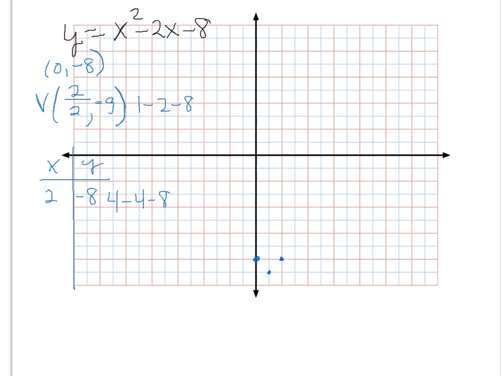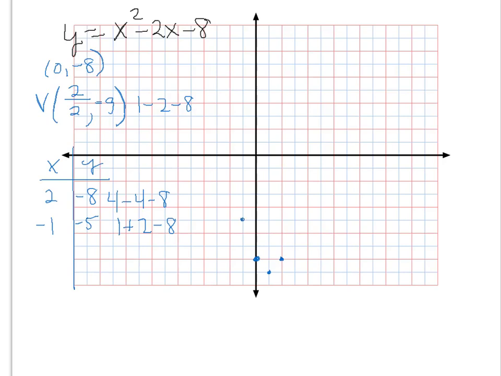So I would either plug in, what's around that, either a -1 or a +3. So let's try a -1. So -1 squared is 1. And then -2 times -1 is +2 minus 8. So we get 3 minus 8, which is -5. So for -1, we're going to get -5.